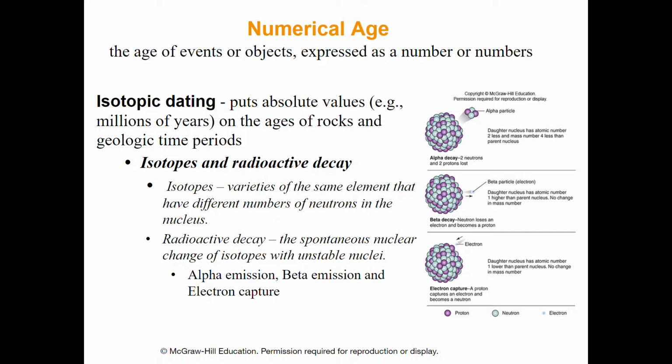This rock is 1.2 million years old. None of that other stuff we were talking about earlier puts numbers on things. Numerical age dating is relatively new. We had to discover how to do this in the mid-1900s, or even a little bit later, to figure out how this works. I think it was discovered around the 60s. Don't quote me on that.